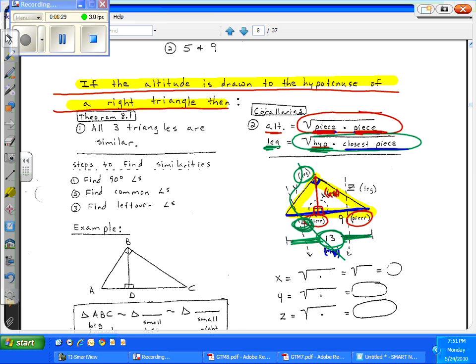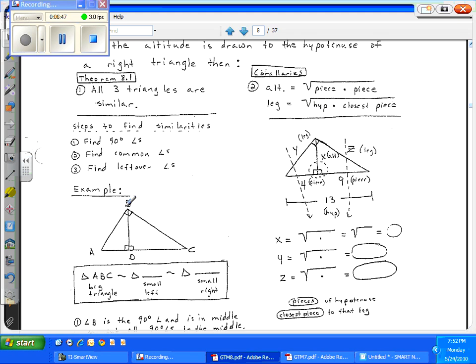So this leg is a geometric mean between the hypotenuse and the segment of the hypotenuse closest to it. This other leg, Z, is a geometric mean between the hypotenuse and the segment of the hypotenuse adjacent to it, or closest to it.